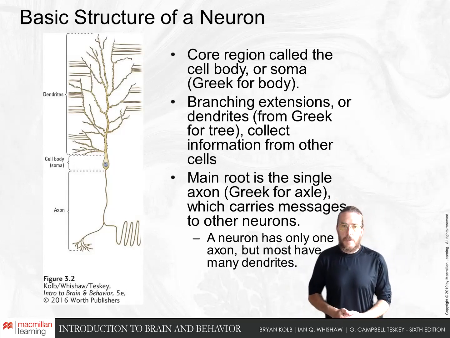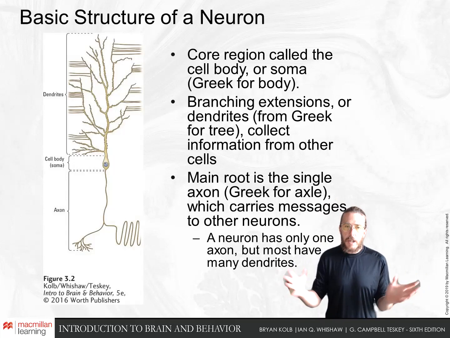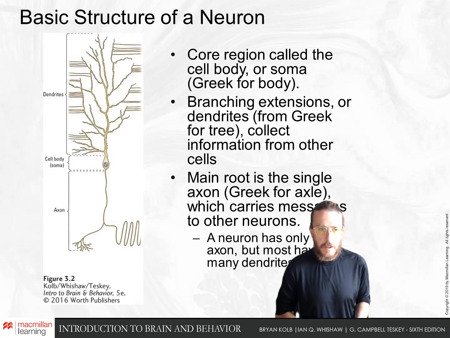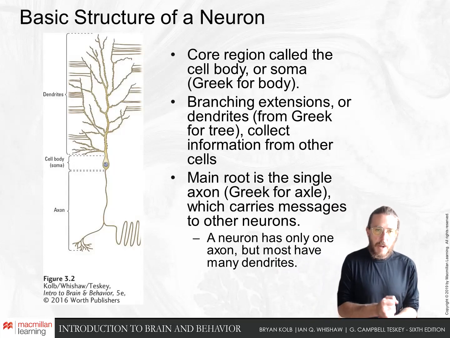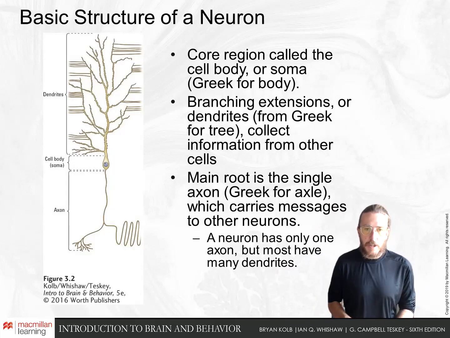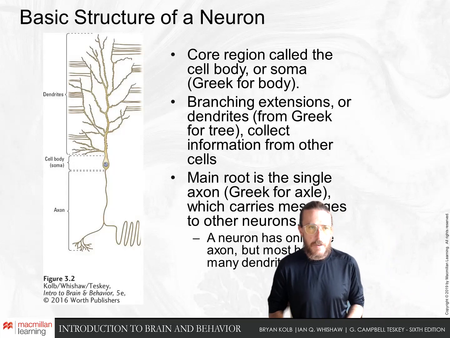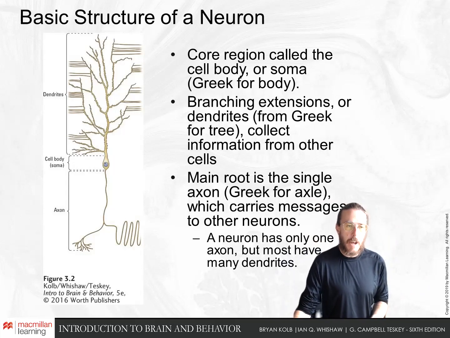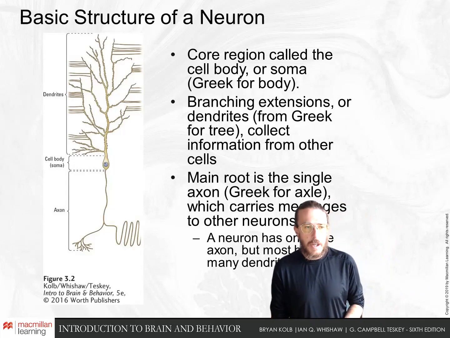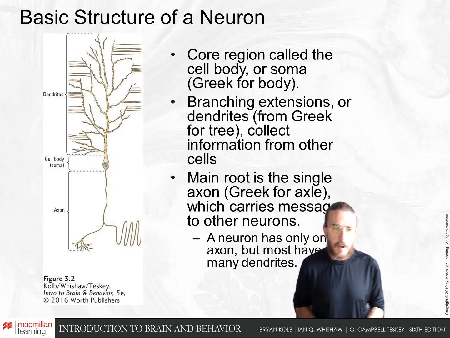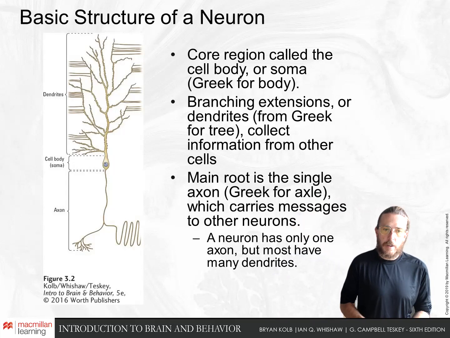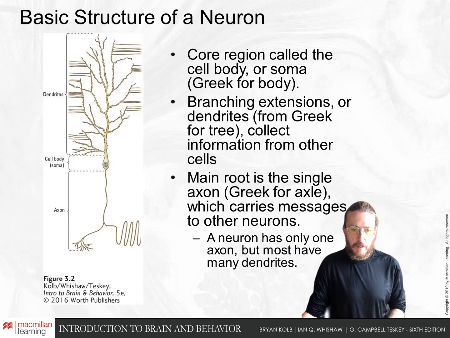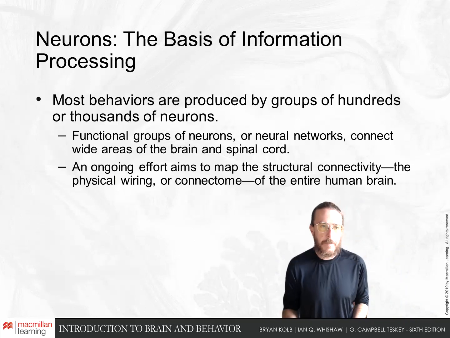And these dendrites collect information from other cells, other neurons, and the main root axon, or axle in Greek, carries messages to other neurons in turn. So these incoming neurons' axons activate the dendrites and in turn send information down their axons to other dendrites. And most neurons have only a single axon, but many dendrites.